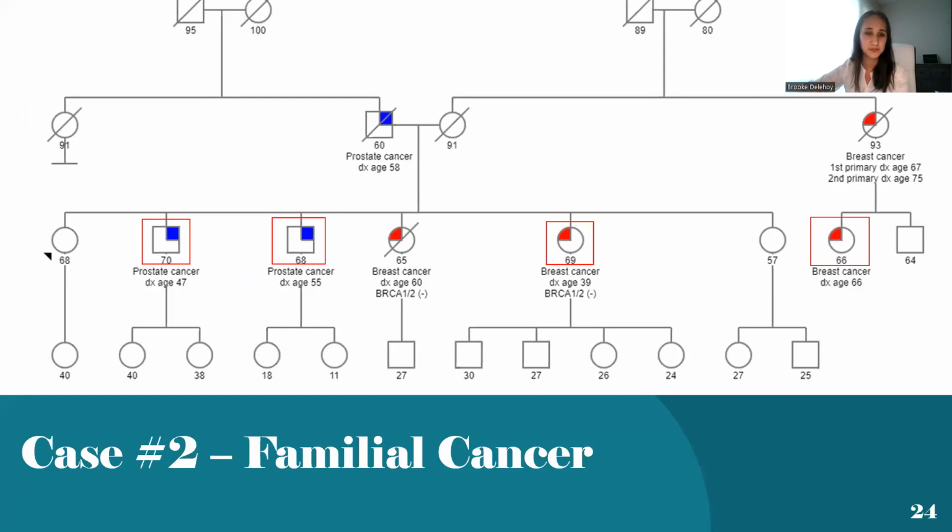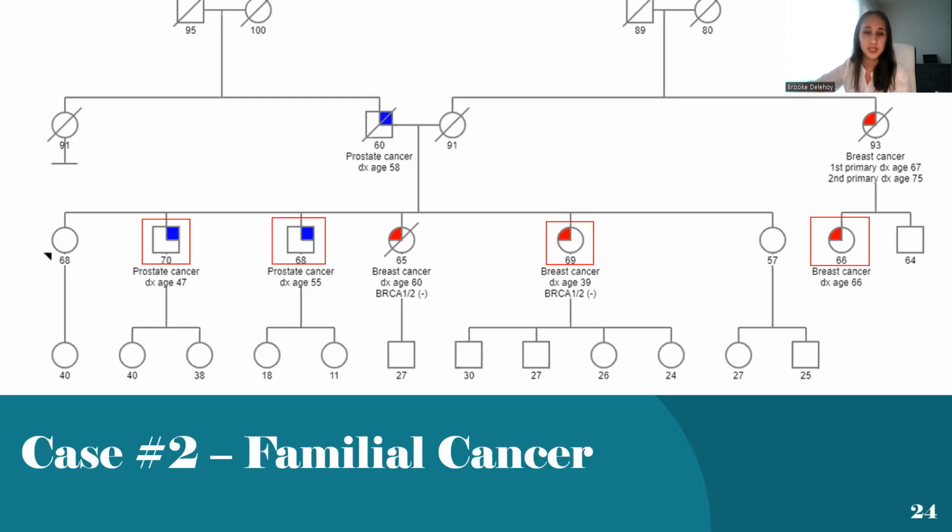to pursue testing. I also wanted to point out, especially for the patient's sister, with the red corner on the left, still living with the box surrounding her, per the notes, she previously pursued genetic testing for the BRCA genes, and she was negative.